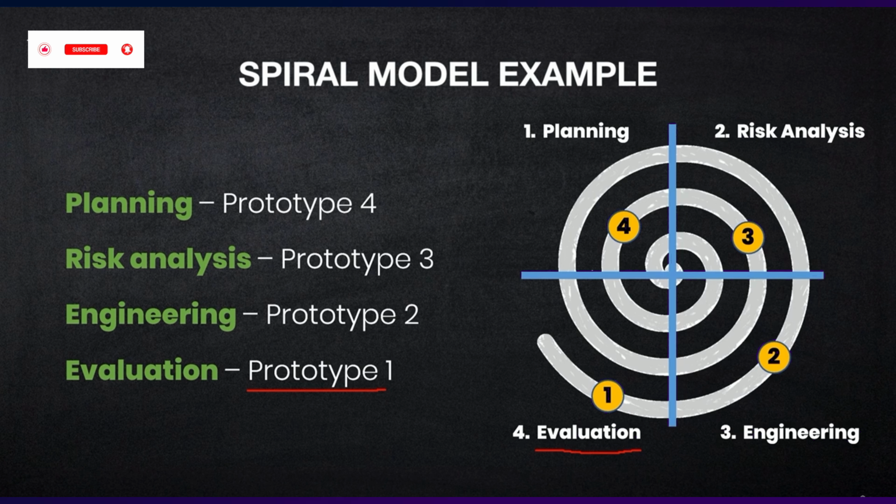So then we put prototype 2 through the model and it goes back through the model, and now it's in engineering, and as it's in engineering we realize some other things are wrong. Maybe we identify some things in engineering that need to go back. And now the third prototype has made its way through risk analysis.